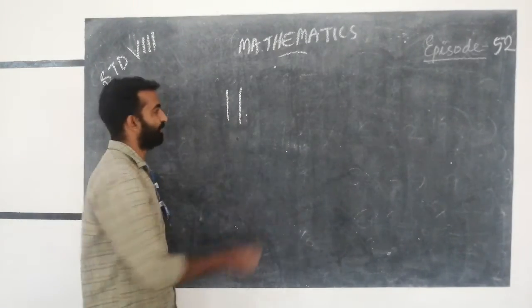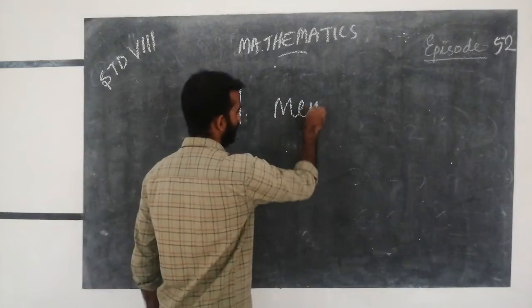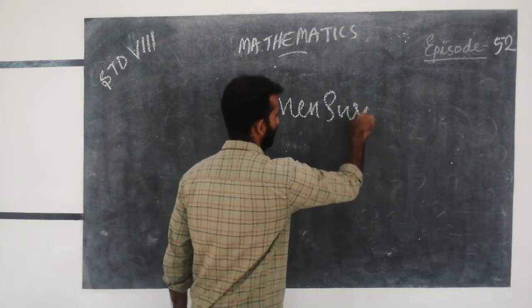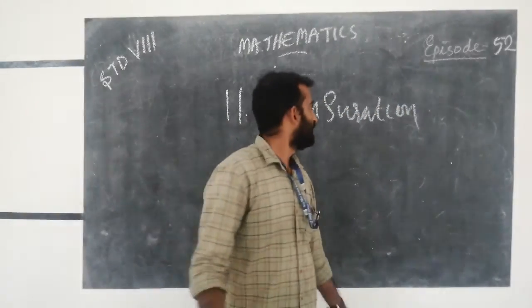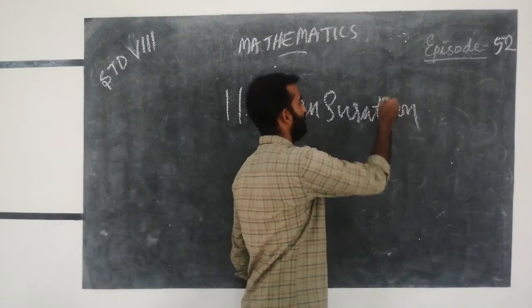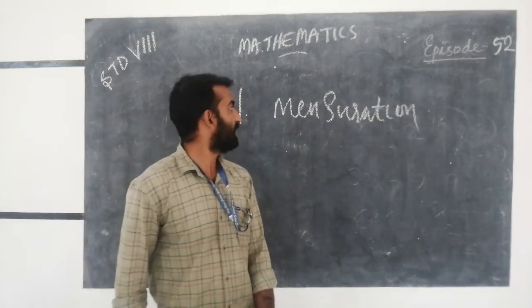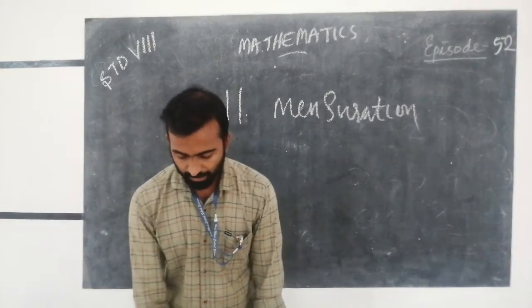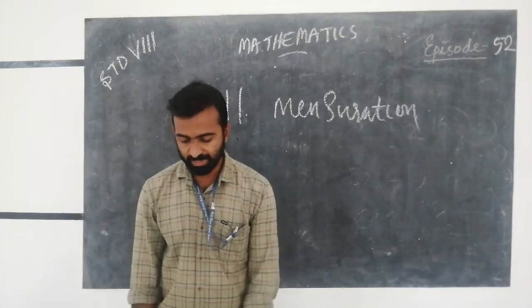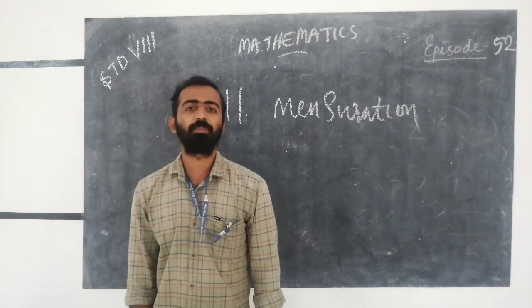Already we know that the perimeter of a closed figure is the distance around its boundary.